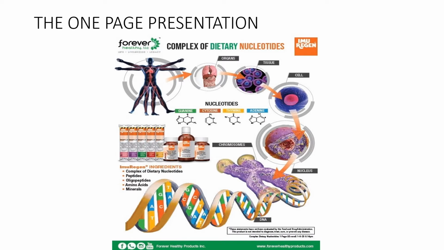Each system has many organs like respiratory system, digestive system, muscular system, skeletal system, reproductive system. So each system has many organs, and in each organ are tissues, and in each tissue are trillions of cells. So this is done through the use of the microscope. So this is the, let's say, microscopic level.